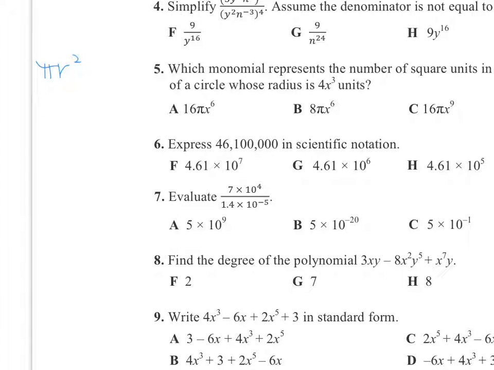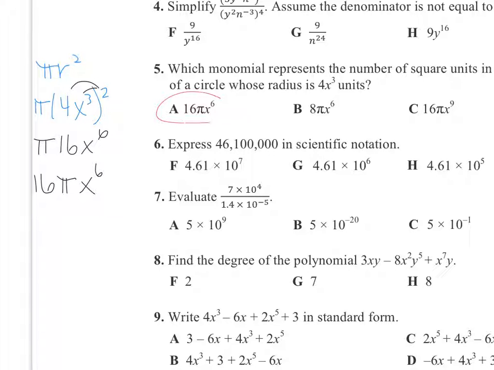So here I know my radius is 4x cubed, so I will write pi times radius of 4x cubed all squared, and now we just need to simplify that squared to everything inside the parentheses and get pi times 16x to the 6th. So if I rewrite that to find my answer here, it would just be my coefficient first, 16 pi x to the 6th, so that answer for number 5 would be A.